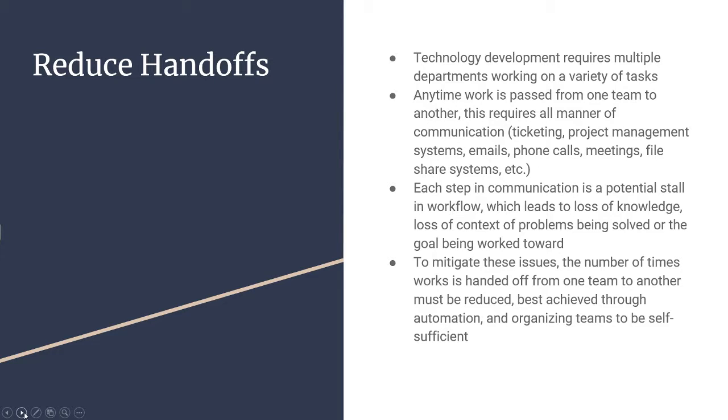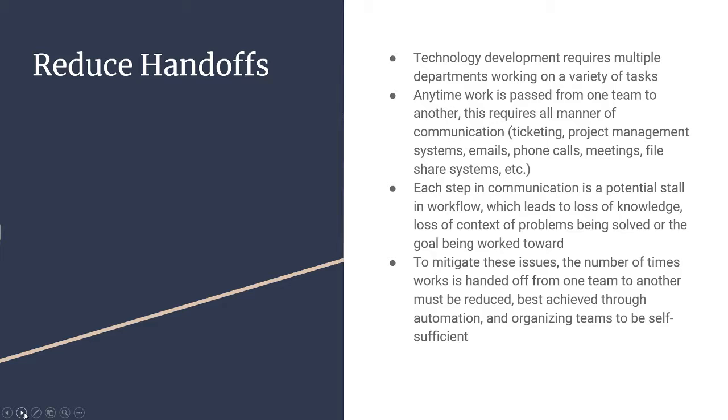Also, we have to reduce the handoffs. Technology development requires multiple departments working on a variety of tasks. Anytime work is passed from one team to another, this requires all manner of communication: ticketing, project management systems, emails, phone calls, meetings, shared systems, and the list can go longer.